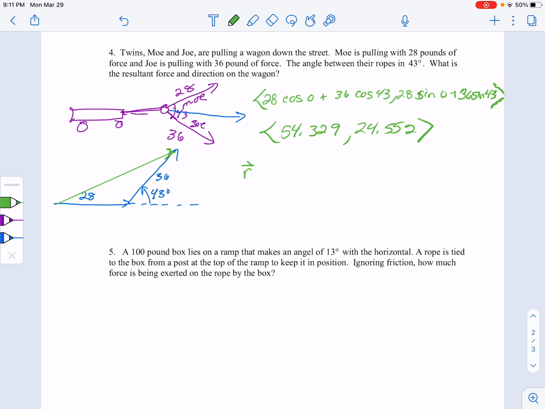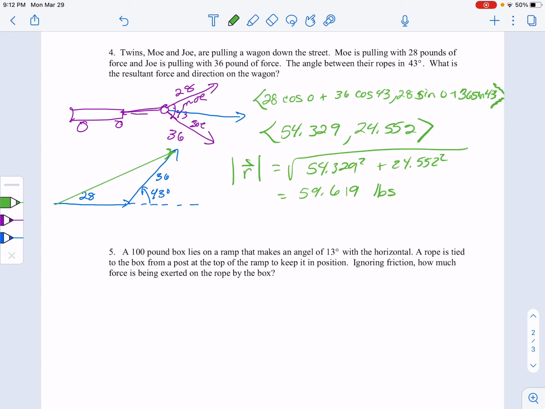So my result: 54.329 squared plus 24.552 squared, shift square root, shift answer equals 59.619 pounds of force.